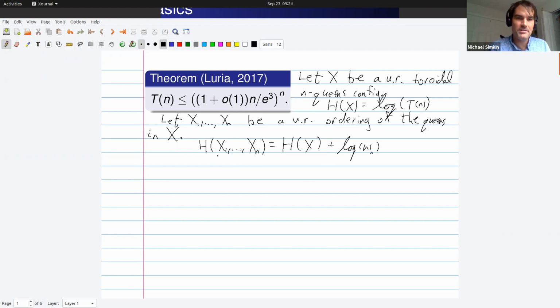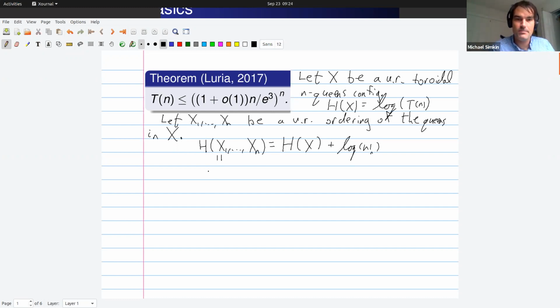But now I can once again use the chain rule inductively and consider the following process. Instead of looking at x all at once, suppose that I reveal the queens from x1 to xn sequentially. At the start of the process, I don't know anything about the configuration, and then I'm told what x1 is, and then what x2 is, and then what x3 is, and I can ask how much information is needed at each step to specify the next queen.